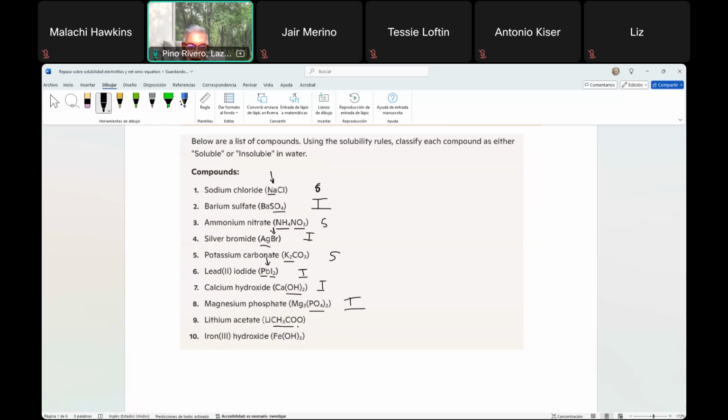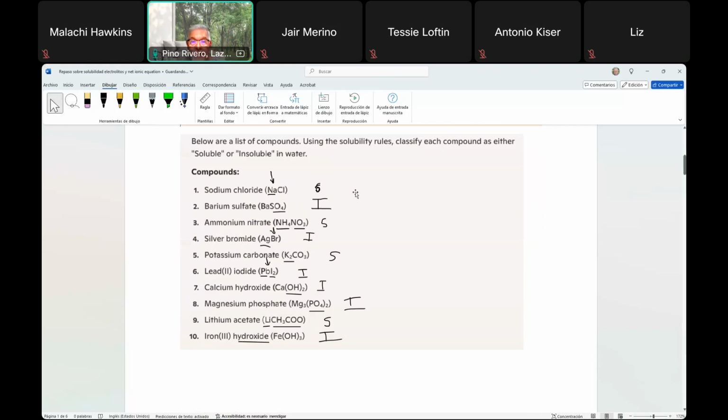Well, this anion is acetate. And this is lithium. Lithium is from group 1. Then all the salts with lithium will be soluble. Iron 3 hydroxide. All the hydroxides are insoluble, except for sodium, potassium, rubidium, ammonium. Okay?